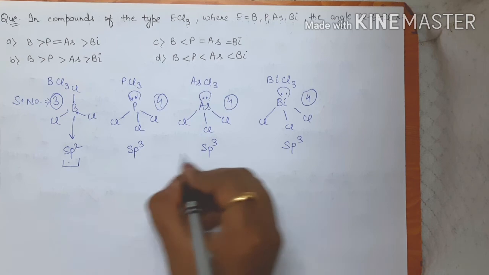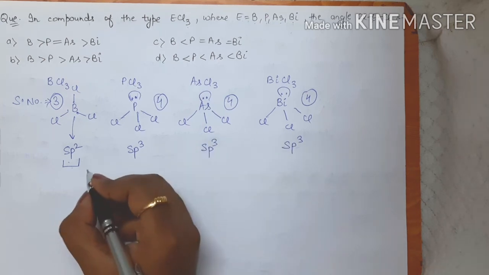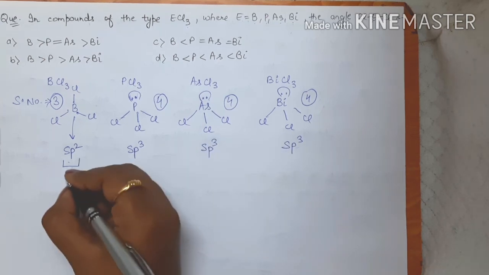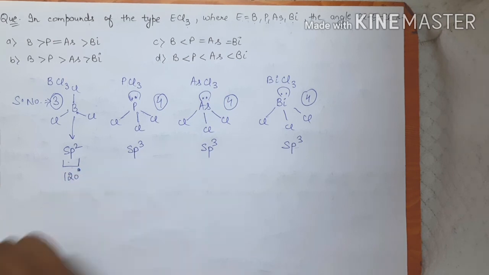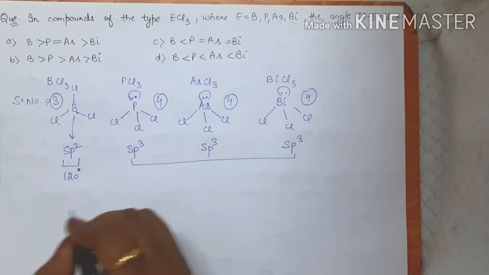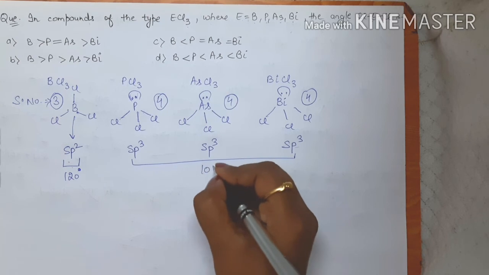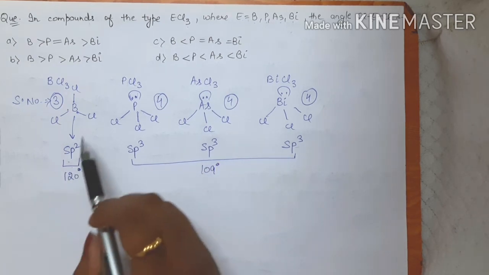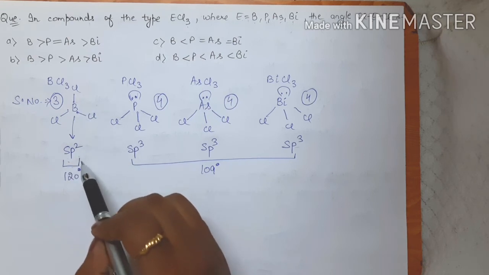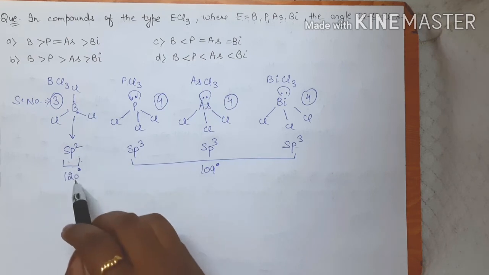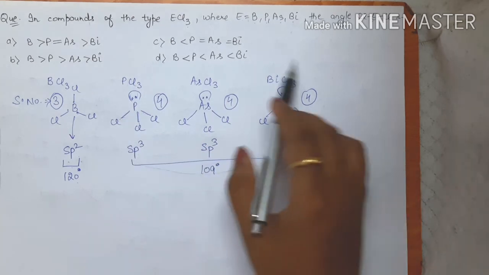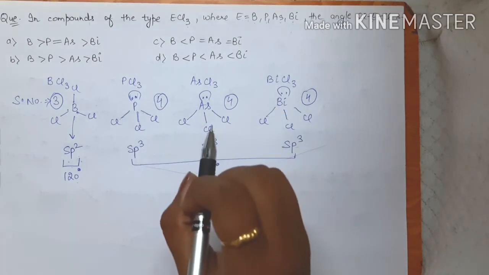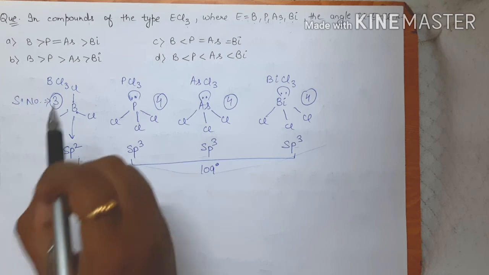You know that for sp2 hybridization the bond angle is generally 120 degrees, and for sp3 hybridization the bond angle is generally 109 degrees. So definitely the molecule having sp2 hybridization is going to have a larger bond angle as compared to these three molecules. So the highest bond angle will be found in case of BCl3.